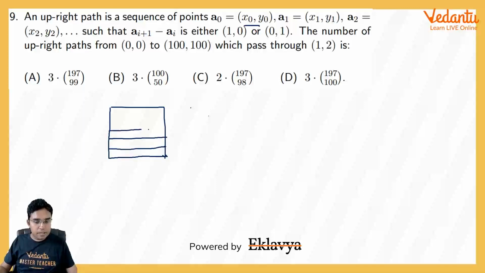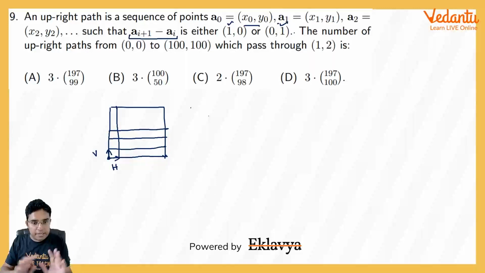Upright path means either up or right. If you go up, I will call this a vertical movement. If you go right, I will call this a horizontal movement. So we are supposed to take either a vertical step or a horizontal step. Then only if you compare two consecutive terms, the difference will be either in x alone or in y alone.